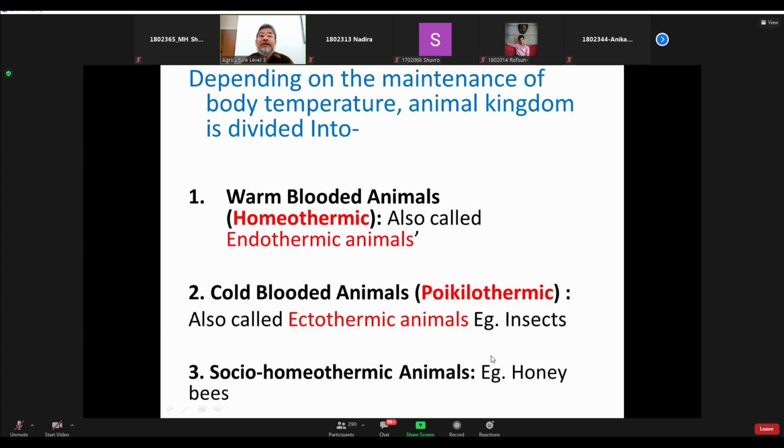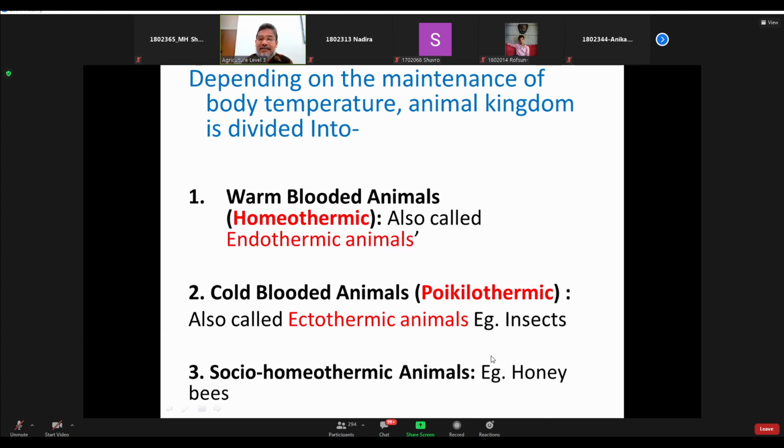Depending on the maintenance of body temperature, if we look at animals, there are different types of animals. You will see some warm-blooded animals, cold-blooded animals, and socio-homeothermic animals. So in which particular group do insects belong? It is not a warm-blooded animal.